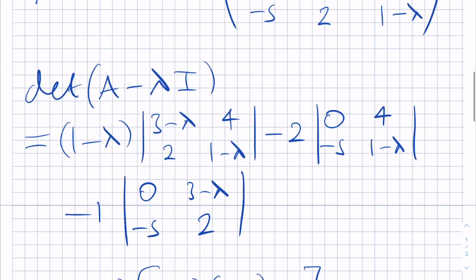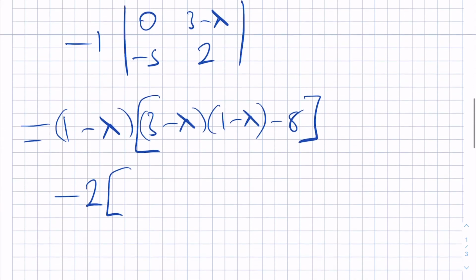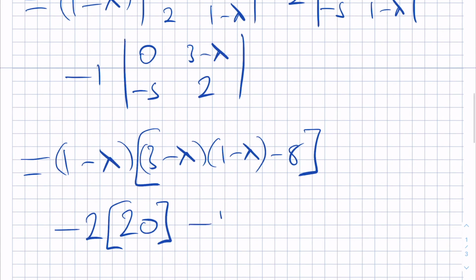And we have this 0 here is going to result in nothing for this term, but we'll get a plus 20 from this term here. Then we have the minus 1, and a similar thing happens for this here. And so we are left with 5 times 3 minus lambda.